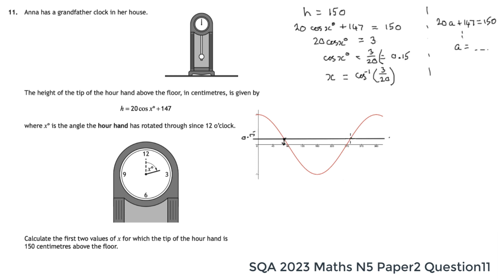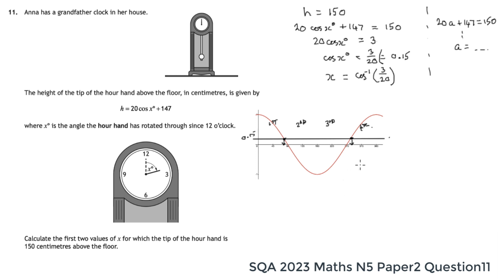But you'll notice there's also one there. There's an angle somewhere in the fourth quadrant. That's between 270 and 360. Remember, first quadrant's here, second between 90 and 180, third quadrant between 180 and 270, and fourth quadrant between 270 and 360.